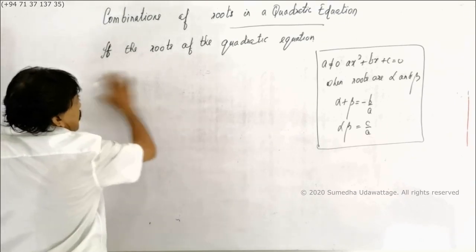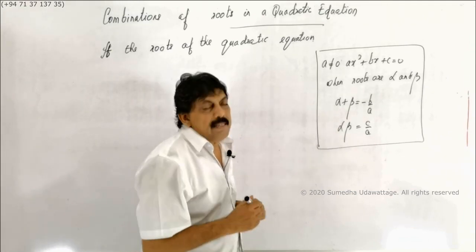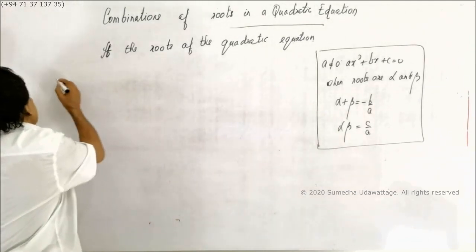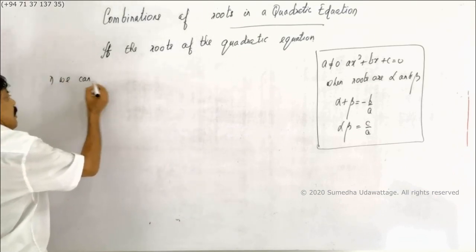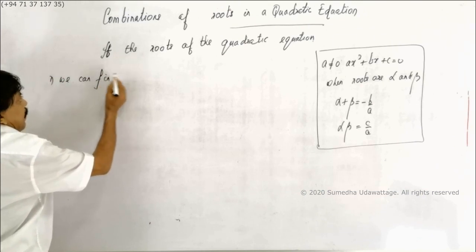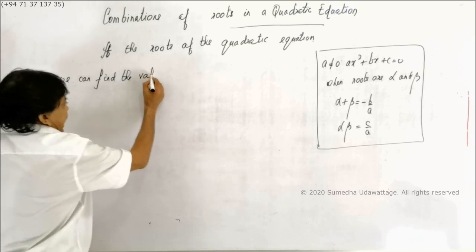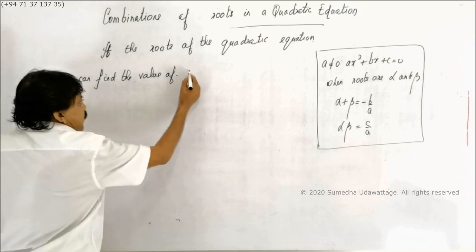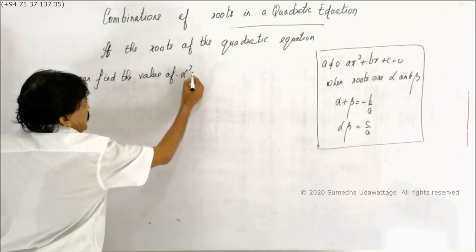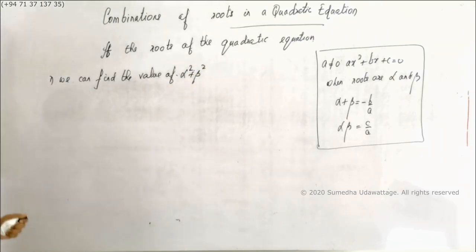Now, we took alpha plus beta and alpha beta. Then, say 1, we can find the value of alpha square plus beta square. Now look here.